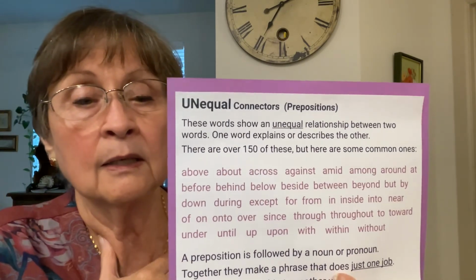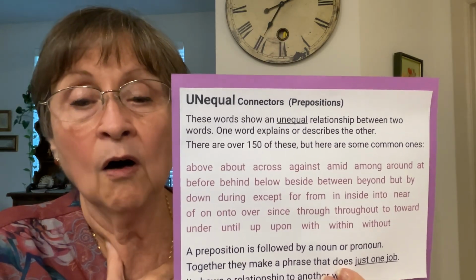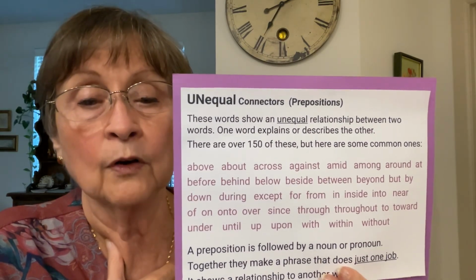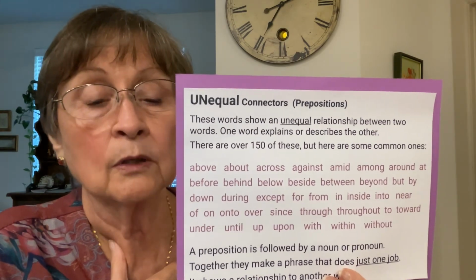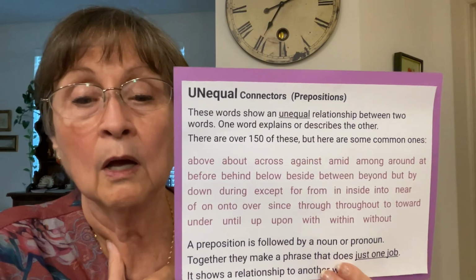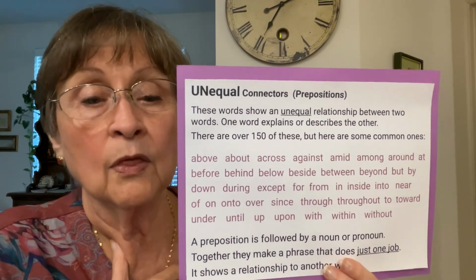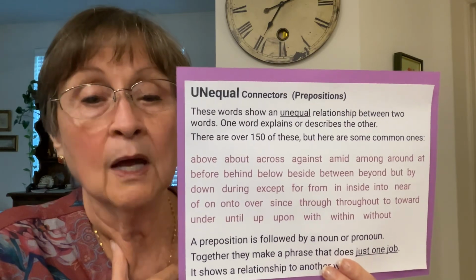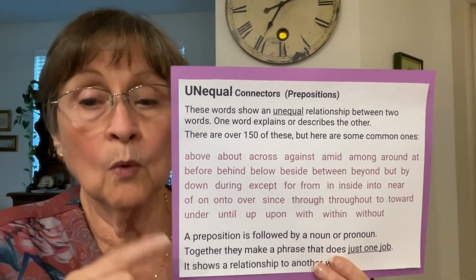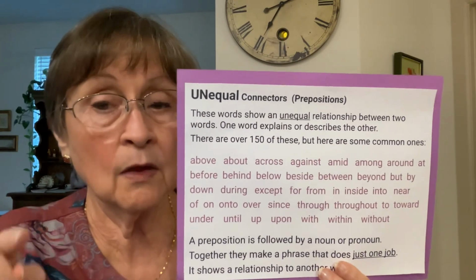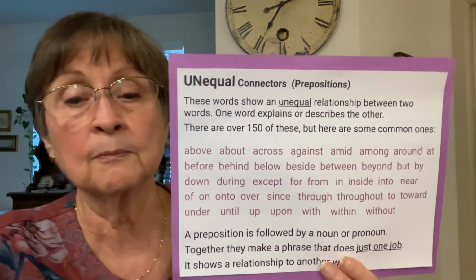From, in, inside, into, near, of, on, onto, over, since, through, throughout, to, toward, under, until, up, upon, with, within, without. There are others, but when you see how they work and you find another word doing the same job, you'll know it's also a preposition.